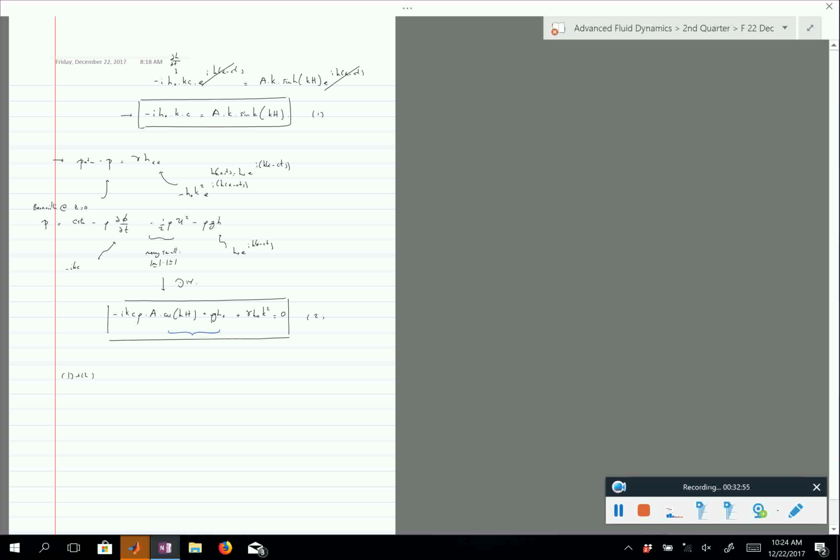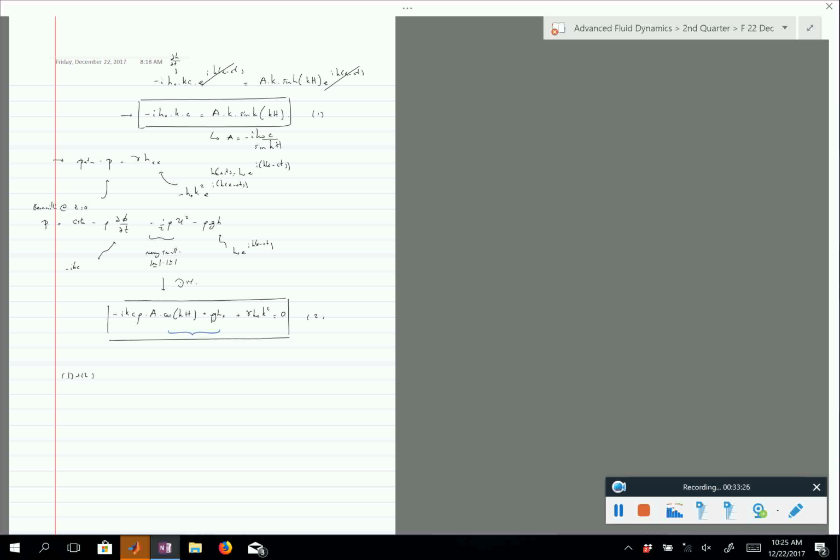Here you could write a is equal to minus i h naught c divided by sine of k h, right? And so if you plug 1 into here, then you have everything with h naughts. The h naughts cancel, and you finally have a relationship between c and k, between your wave speed and your wavelength, which is what we wanted in the first place.